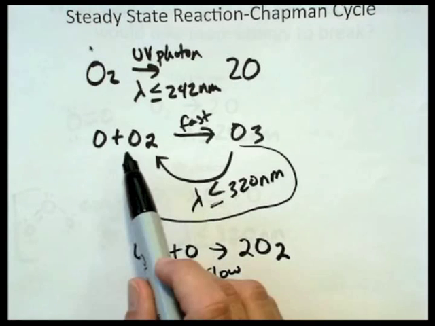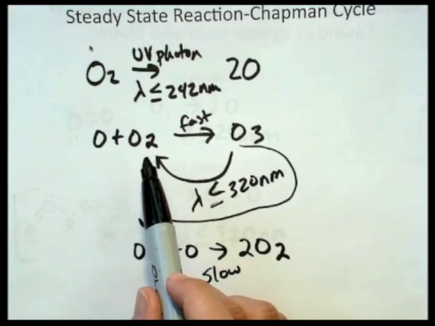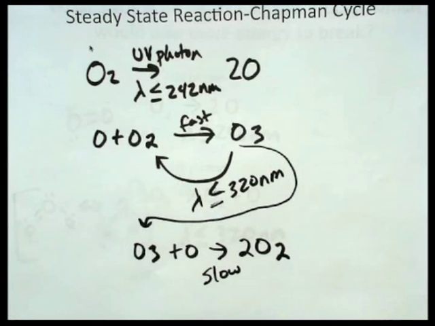It'd have a better chance of colliding with oxygen because the oxygen concentration is higher up there than the ozone. That's why that's fast and that's slow. Okay, well that all looks kind of complicated, but that's how we model and explain why we just don't run out of oxygen and we just don't run out of ozone in the stratosphere as it's filtering the ultraviolet radiation that's coming all the time from the sun.